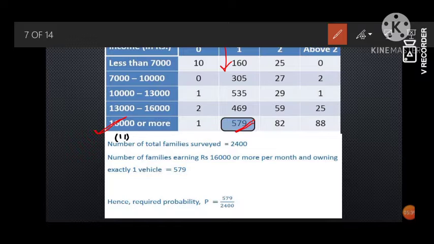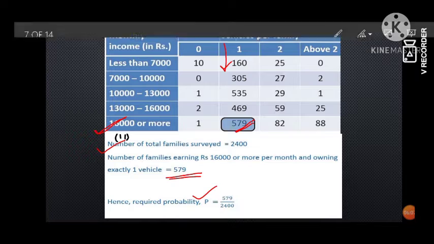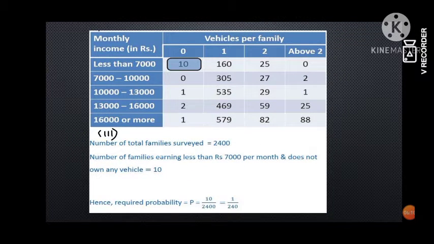This is the number of families owning exactly one vehicle who are earning 16,000 or more. The total number of families is 2,400, and the number earning 16,000 or more per month owning exactly one vehicle is 579. So the probability will be 579 by 2,400.